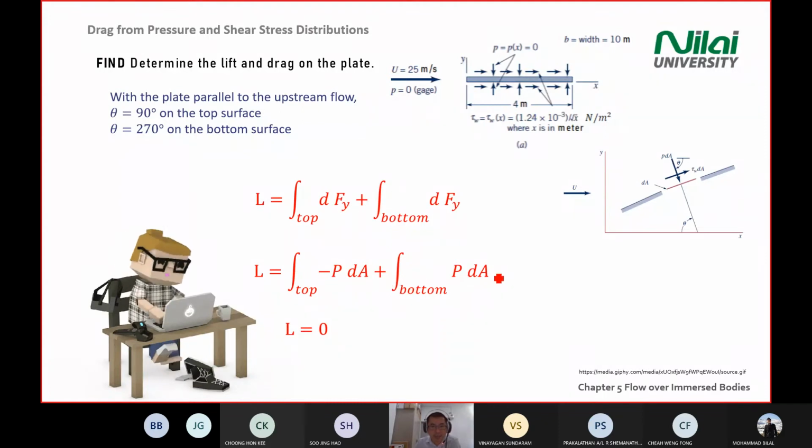The area A is the same, so same magnitude, plus and minus, you get 0. So for the parallel plate, you don't have a lift component. For the first case, where the plate is parallel to the upstream, we don't have lift force.